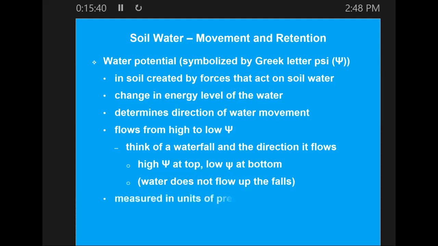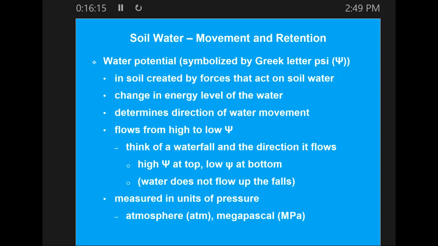It is measured in units of pressure because that makes it very easy to actually measure physically. We have instruments that can do this, and it's very convenient and pretty accurate. Usually we talk about megapascals, which is more commonly done, although some people still use the atmosphere pressure unit, but I tend to use the megapascal, or sometimes you drop the mega off and it's just Pascal, Pa.